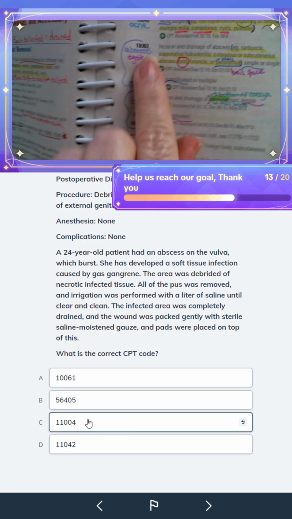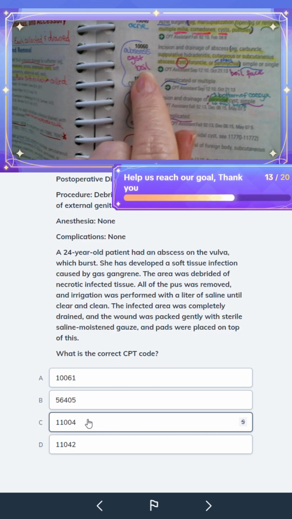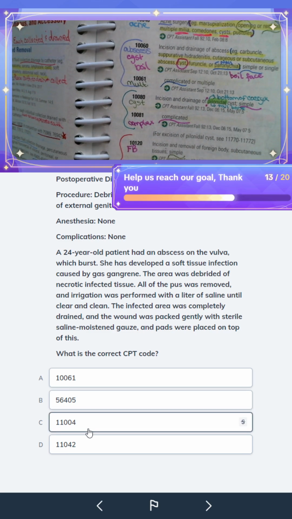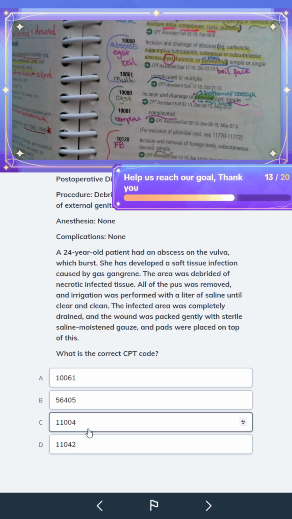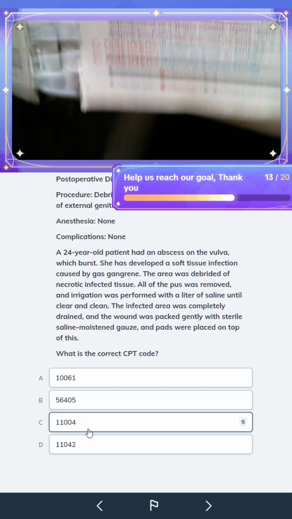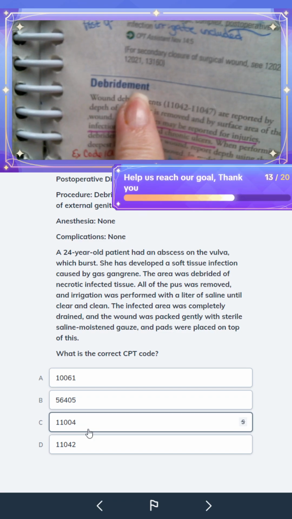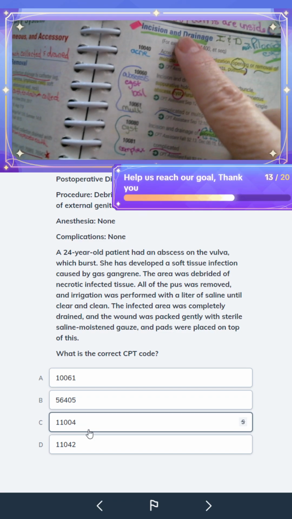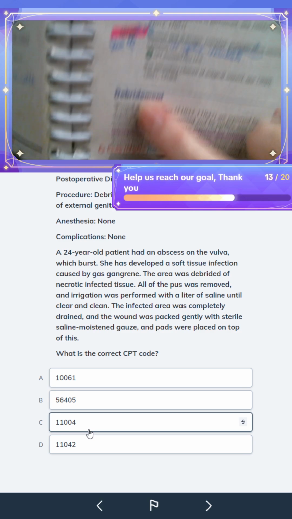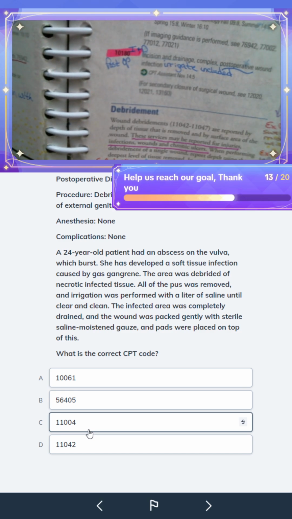That's an IND of an abscessed cyst or boil. 11000 is under the header of debridement. Are we doing an IND or a debridement? Clear your headers before your descriptors.